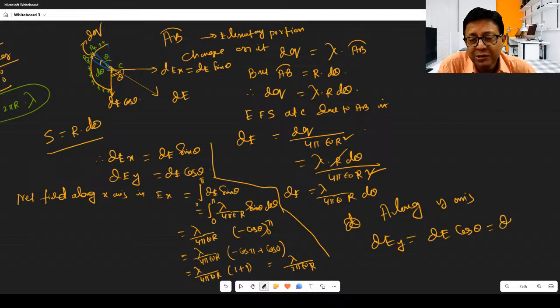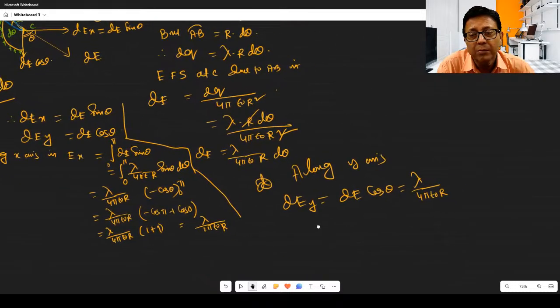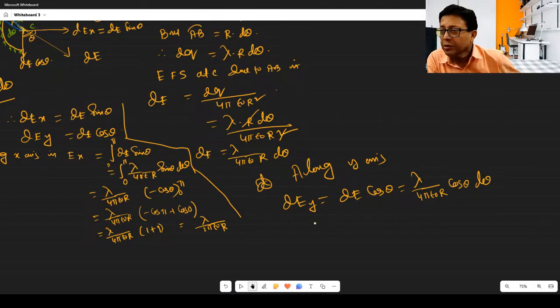That is, the value put, lambda by 4 pi epsilon 0 r, cos theta into d theta. Okay?